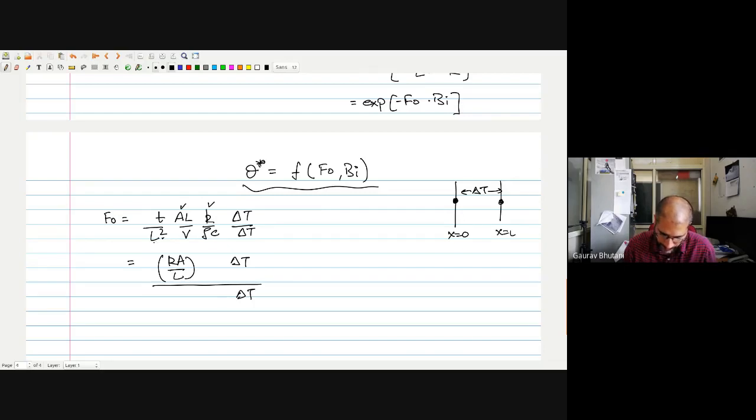Then I take V and rho, that gives me the mass, density times volume is mass, and then I have C. One of the L's cancels, and then I have this delta T can be taken here.